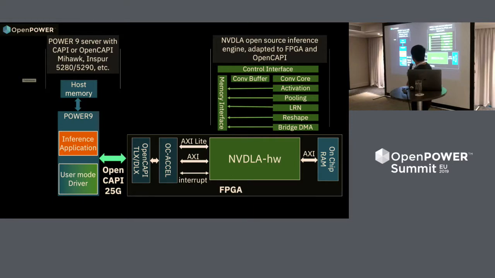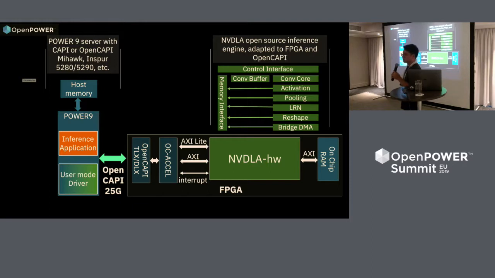And we put all of those things onto the FPGA, and we interface this IP with OC-Accel, which is the development framework Lu Yong just announced. And we connect this IP with this framework via Accelerator and AXI.